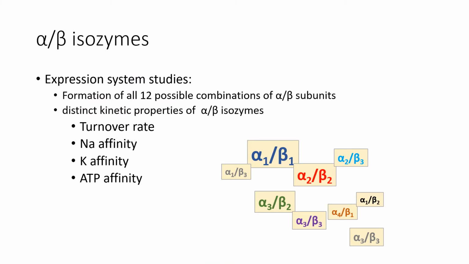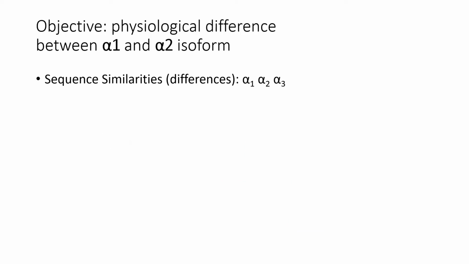Studies in expression system show that all 12 possible combinations of alpha and beta subunit have distinct kinetic properties like different turnover rate, different potassium affinity, sodium affinity, and ATP affinity as well.